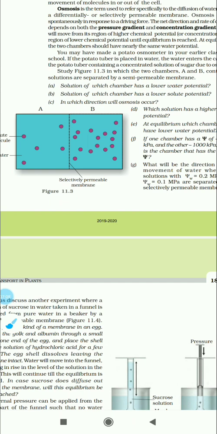Now the first question is, which chamber has lower water potential?